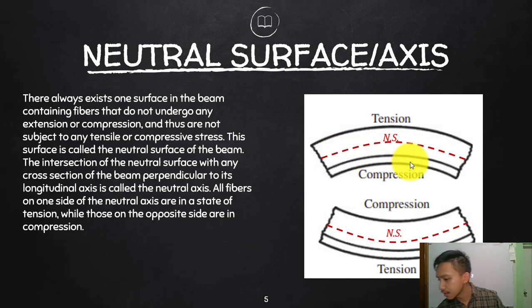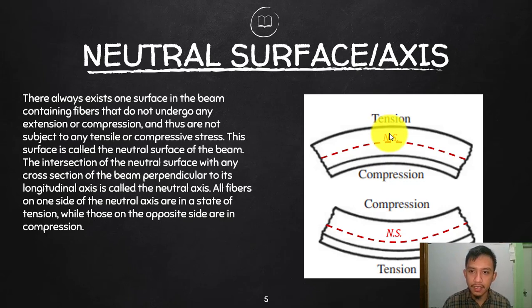Imagine a beam that will bend that way: the bottom will be under compression, the top will be under tension. If this is tension and that is compression, there is a layer somewhere in between, which in our figure we call the NS, or neutral surface.